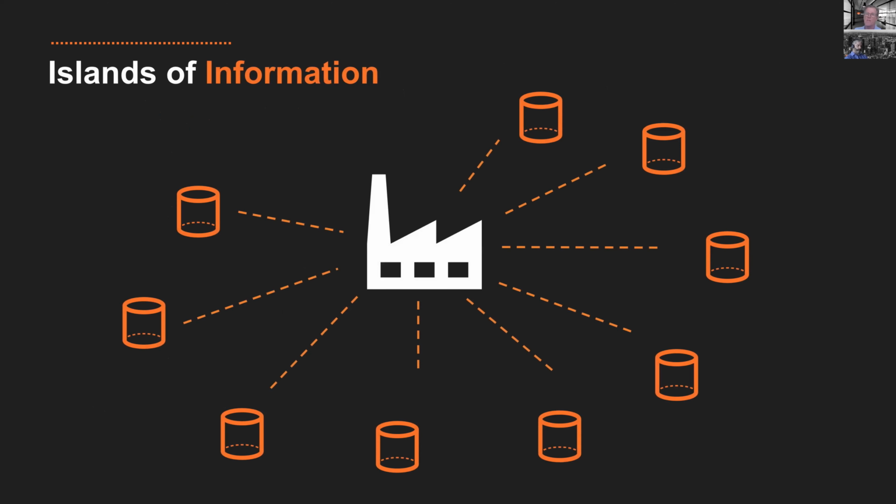So let's talk about these islands of information as one of the common themes that we hear about with companies that are outgrowing their current systems. Initially, it can be manageable when you have islands of information. As the business grows, however, these islands become silos of data. You might have workforce scheduling and timesheets sitting in one silo of information.